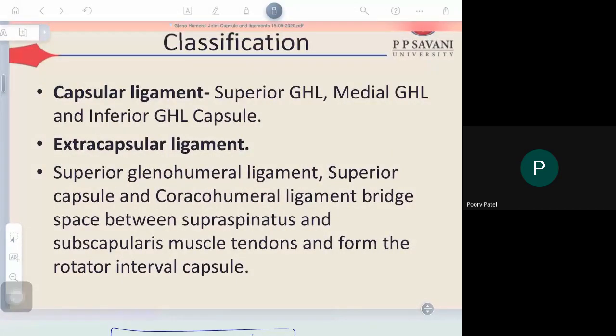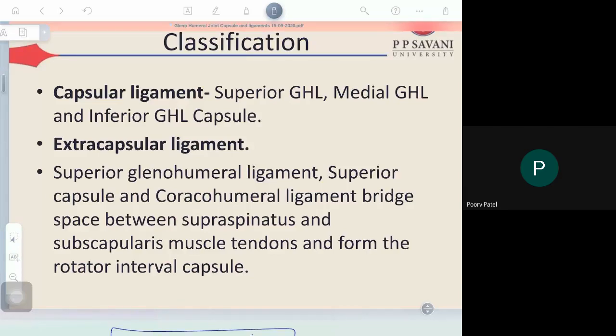Superior glenohumeral ligament, superior capsule, coracohumeral ligament. These are the three structures present in the rotator interval capsule. Superior glenohumeral ligament. You know what is superior glenohumeral ligament? It is a part of the capsular ligament, first ligament. Superior glenohumeral ligament, and capsule, it is lying deep.